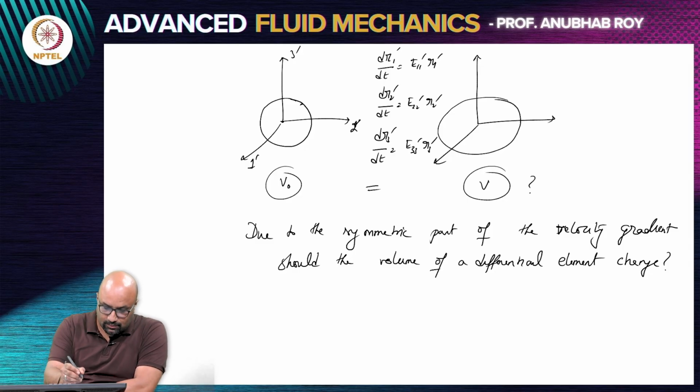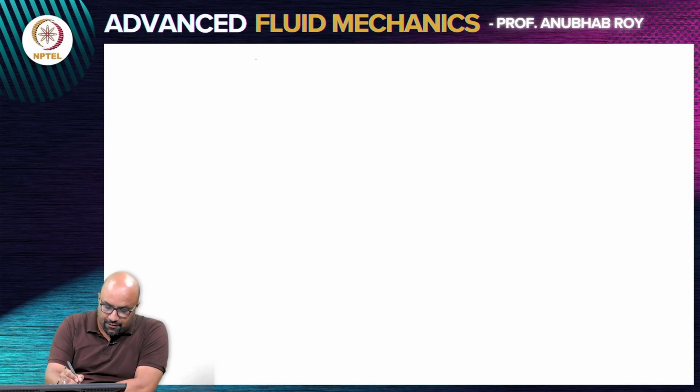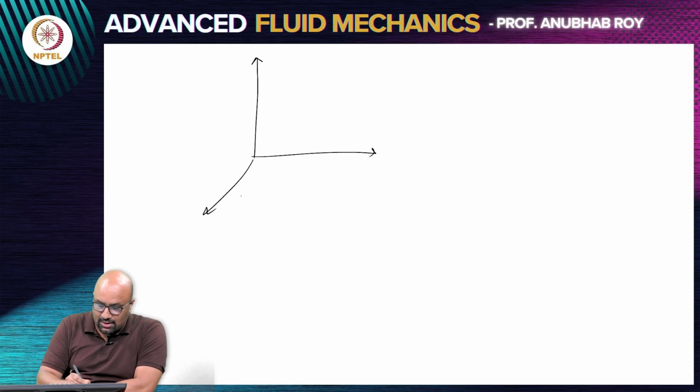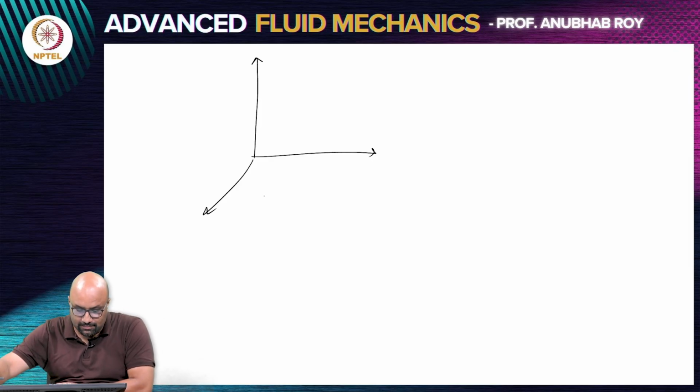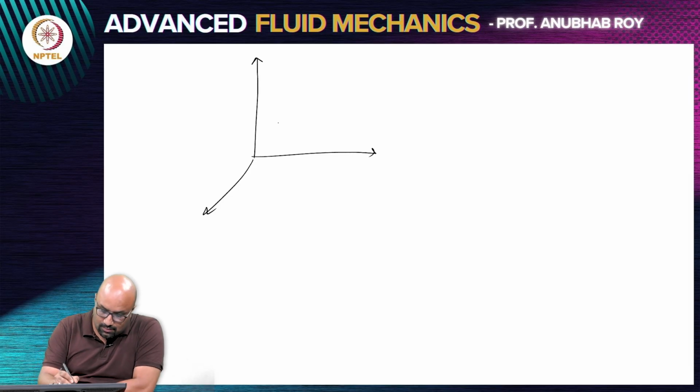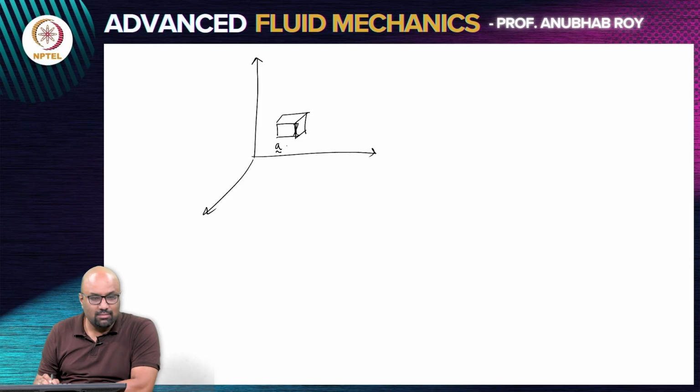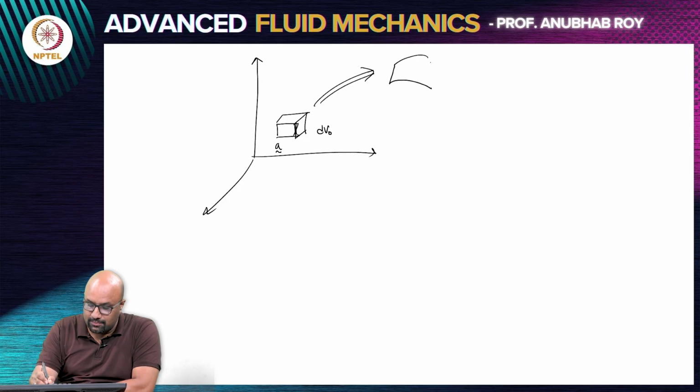So, if I state this for an arbitrary case, I will construct some box which at an initial time had dimensions given by vector A. There was some coordinate that I have defined for that initial thing. Now, due to the flow, this is going to distort. The flow is going to deform.